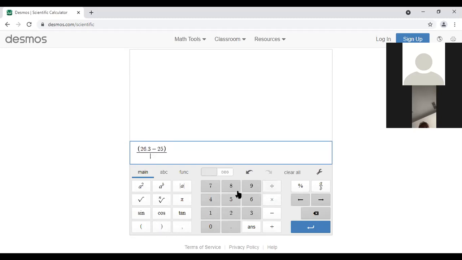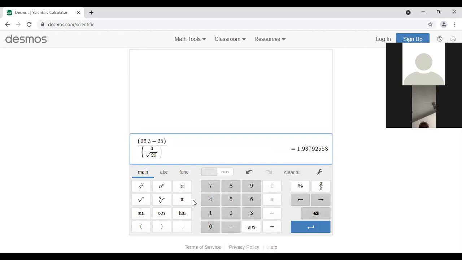Then divided by another parenthesis, which is the standard deviation of 3 divided by square root of 20, which is the sample size. Then you close the parenthesis. So that'll give you 1.9379, which will be 1.94. Does that help? Yes, sir.